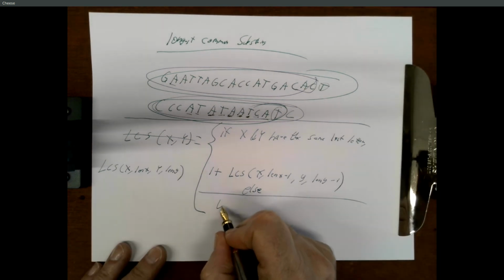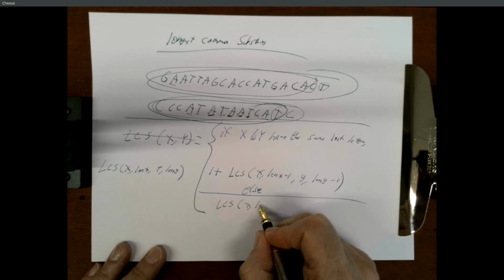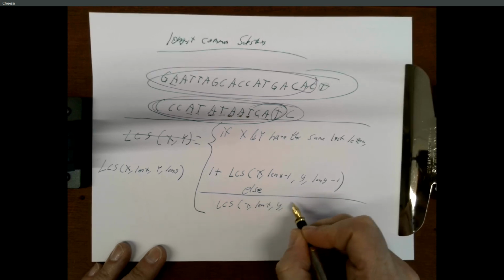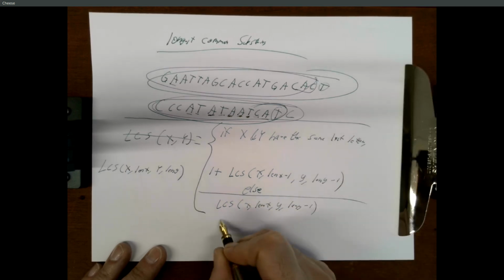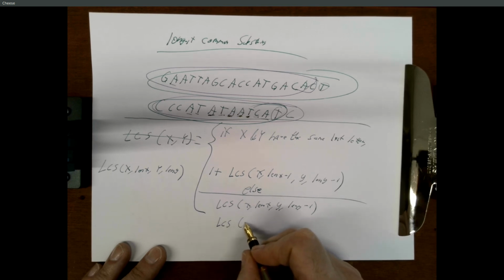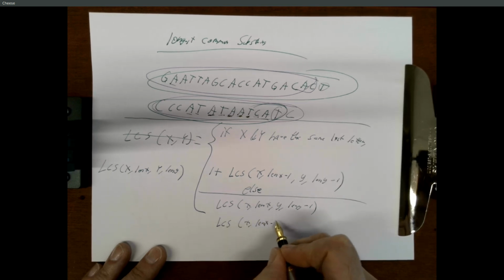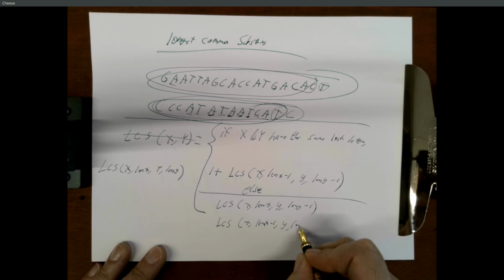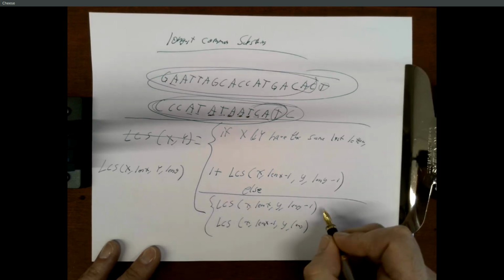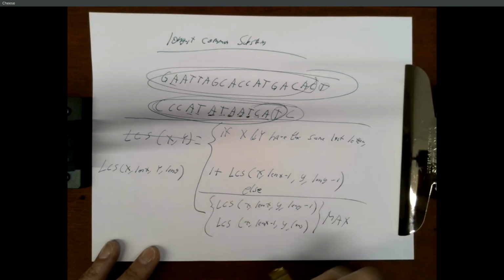So we can find longest common subsequence of x, length x, y, length y minus 1, and the longest common subsequence of x, length x minus 1, y, length y, and find the largest of those.